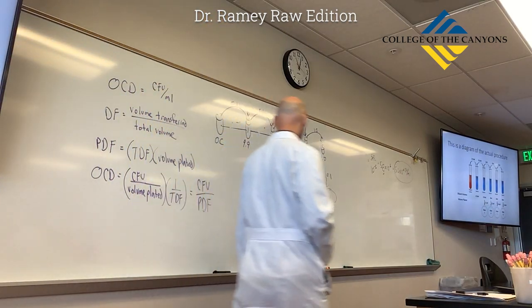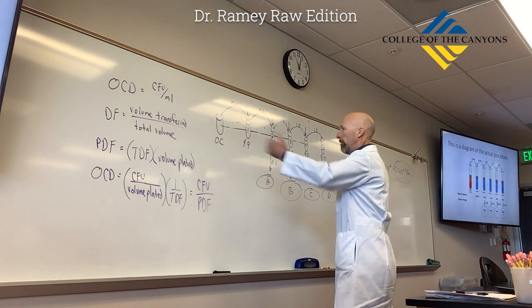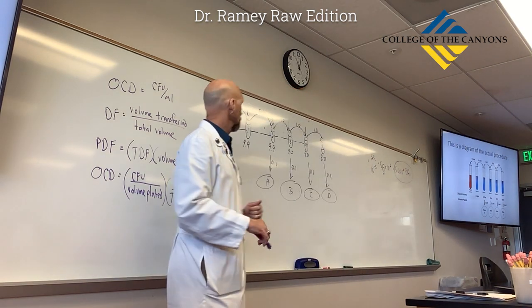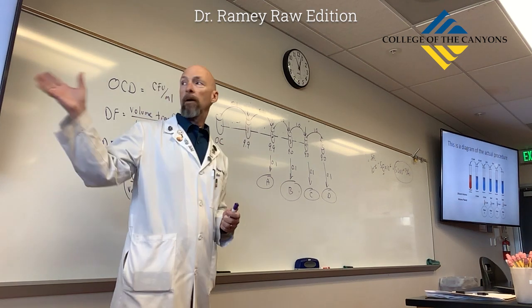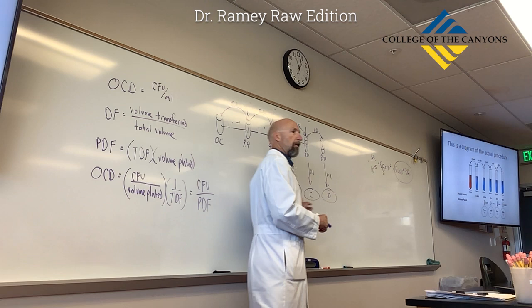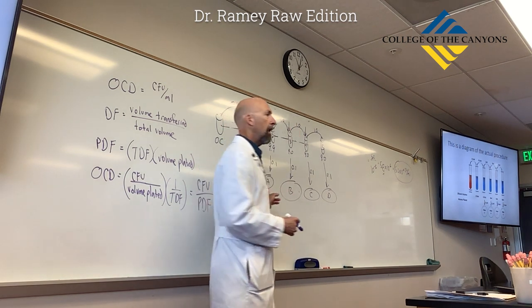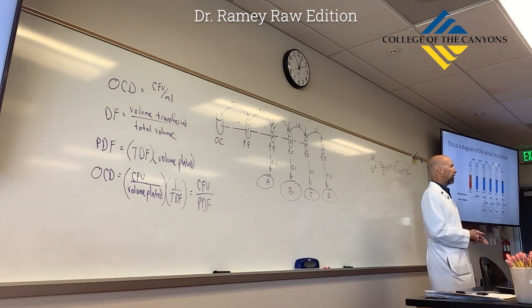Okay, let's look at this. I've drawn the diagram up here, as messy as it is, same as what I'm showing up here. In order to calculate the plate dilution factors of plates A, B, C, and D, you need to first calculate the total dilution factors of the dilution tubes.